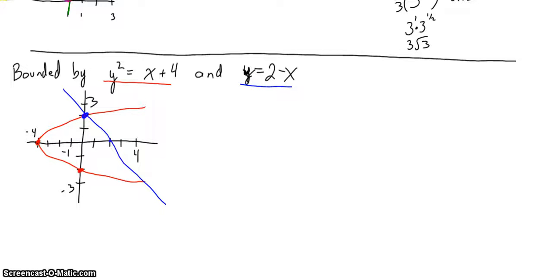What are we going to do instead? Well, notice if we draw a horizontal rectangle, let's look at it in terms of y this way. All of those rectangles go from the line on the right to the parabola on the left, and so on. And then all we'll have to do is add up all those going that way.